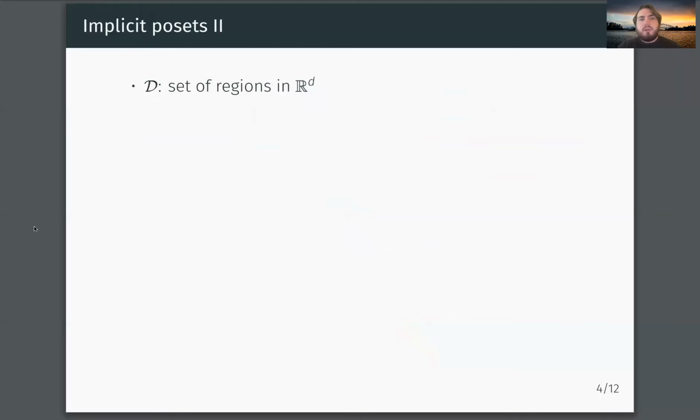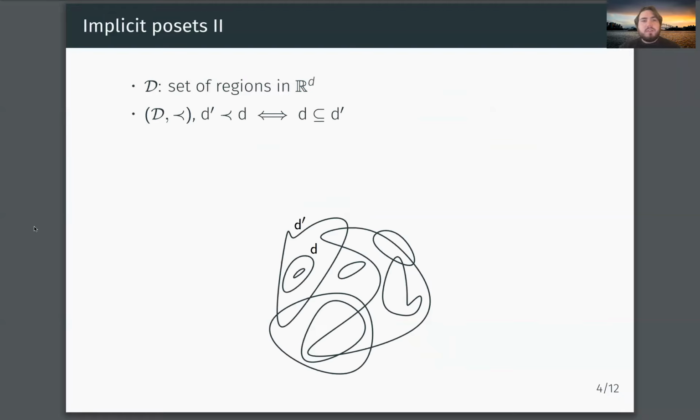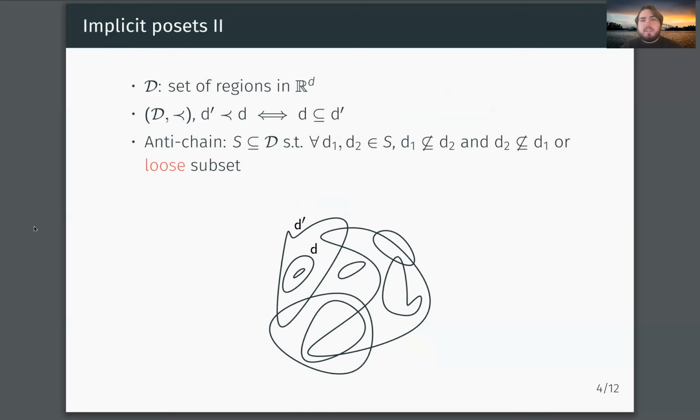Here's a second example of implicit posets. Let's say D is a collection of regions in R^d. And I can define a poset where I say two regions, D' and D, D' is less than D if D is fully contained in the interior of D'. So in the figure below, I just have an example of two elements like D and D'. And so what is an antichain in this poset? This corresponds to a subset such that for every two regions, D1 and D2, D1 is not contained in D2, and D2 is not contained in D1.